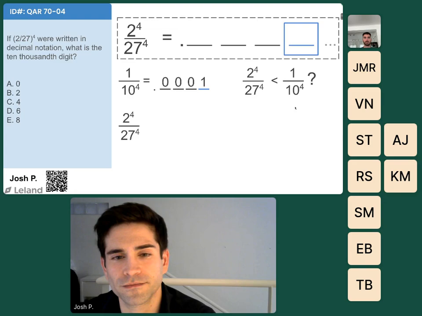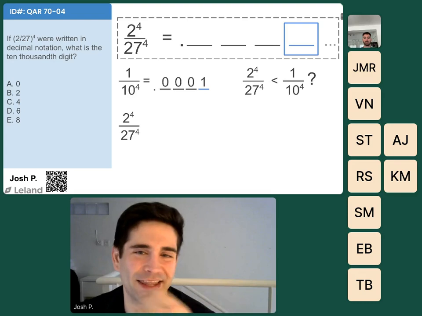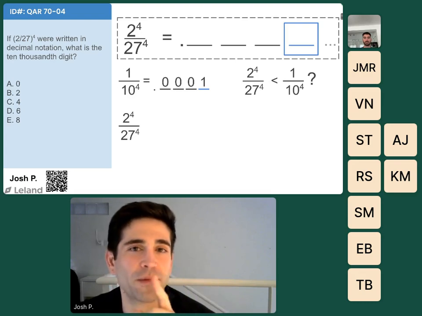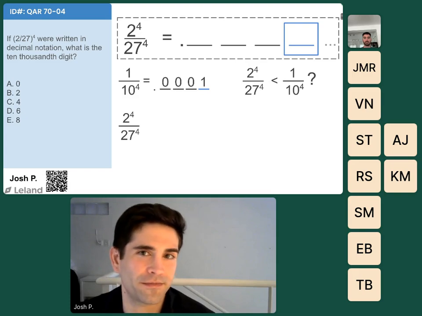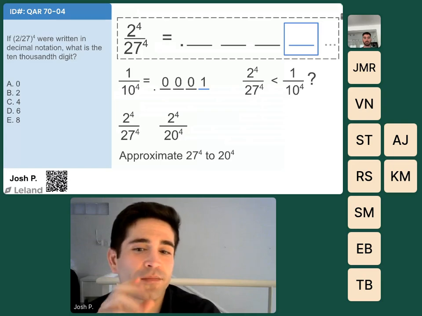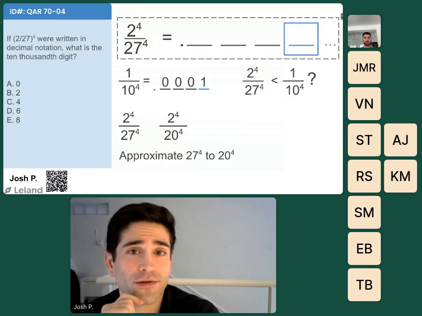All right, now we're also thinking, how can we prove that? How could we even ascertain that without a calculator? Don't think about what you can't do. Think about what you can do. So what I can do, for example, is approximate 27^4 to 20^4.